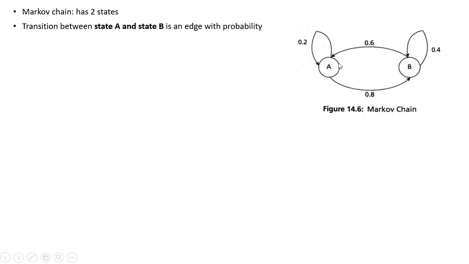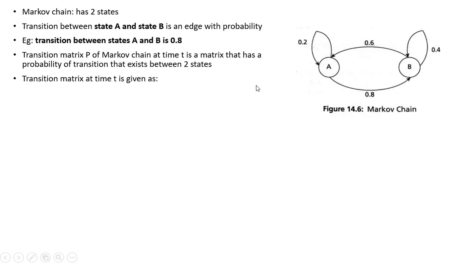Let's write two states. This state A represents University A, and state B represents University B. States are represented as nodes, and the transition edges represent the transitions between the nodes. So how do we represent this?